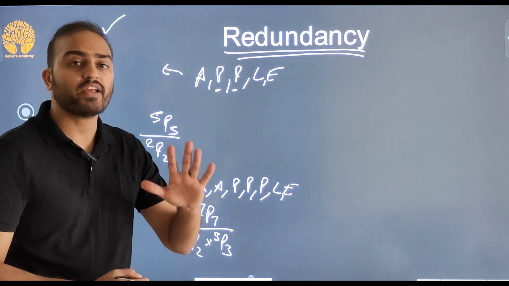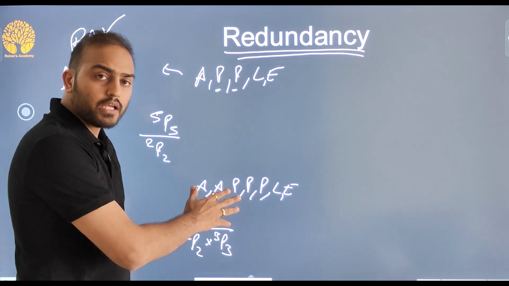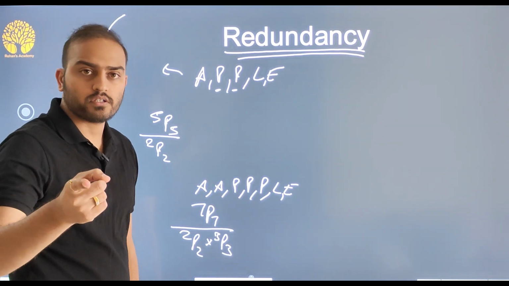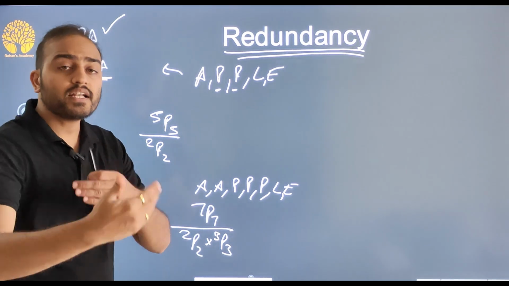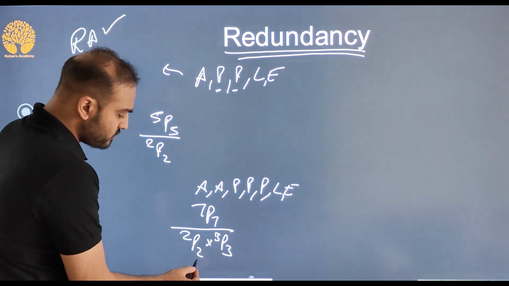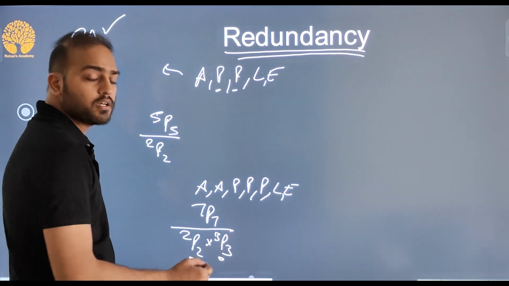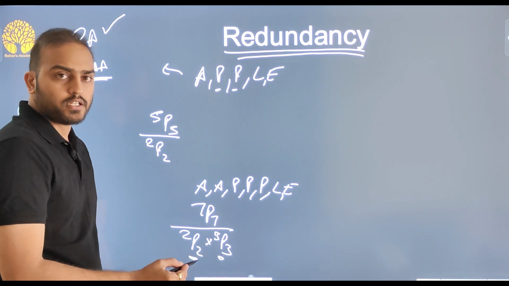We don't divide by 5p5. Why? Because if I interchange A and P, I get a different answer. A and P are not creating redundancy with each other. A is creating redundancy with A, that is why 2p2. P is creating redundancy with these 2 other P's, that is why 3p3.